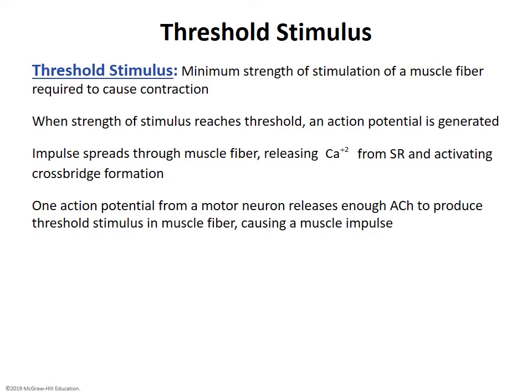What is the boundary of an electrical impulse that it finally gets to that causes the muscle to go through the contraction process? And so one action potential from a motor neuron releases enough acetylcholine to produce threshold stimulus in a muscle fiber, causing the muscles to contract.